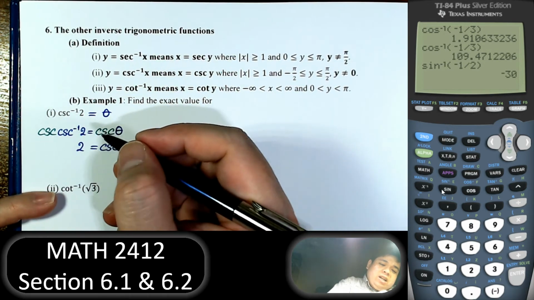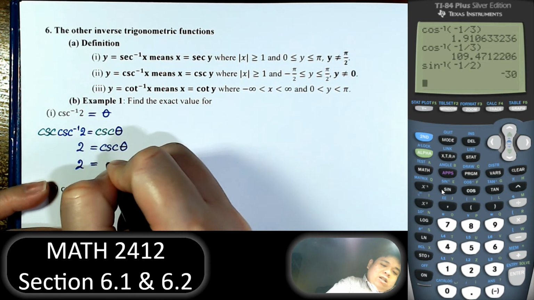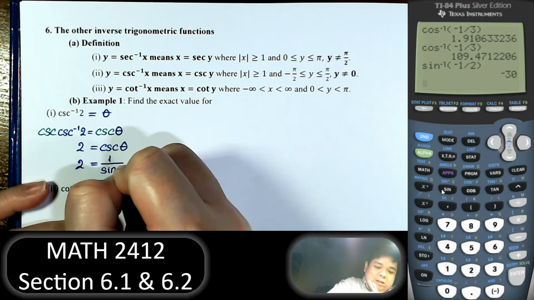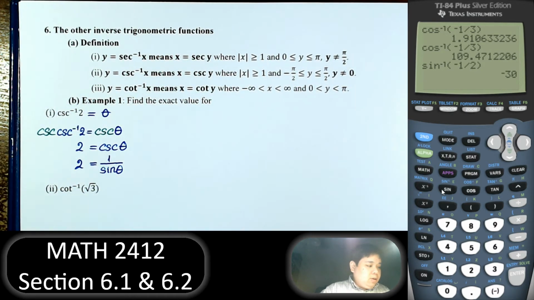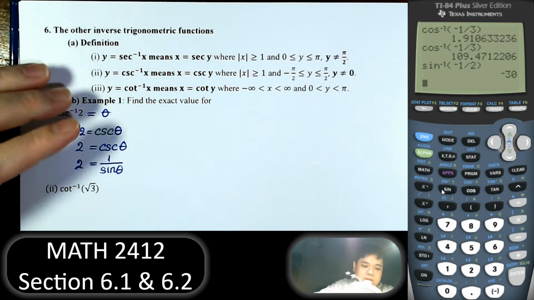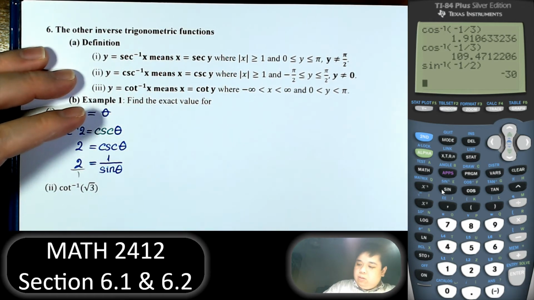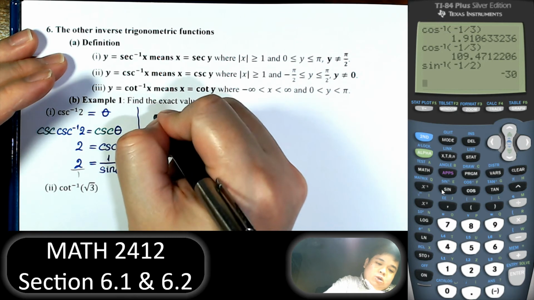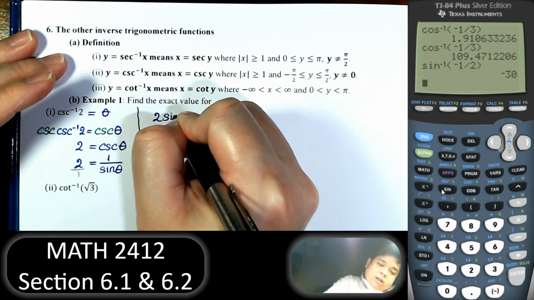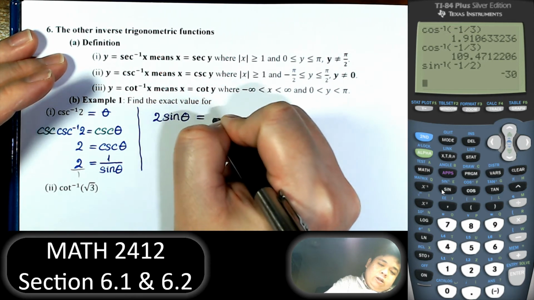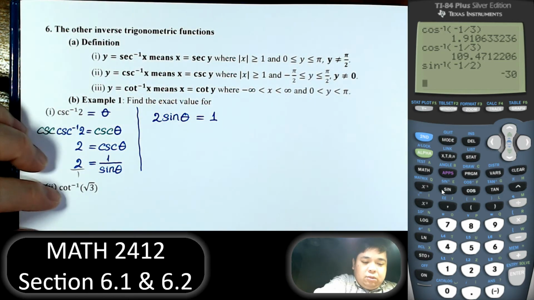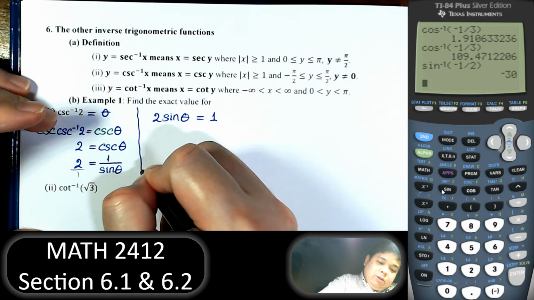Cosecant is 1 over sine, right? Now cross multiply: 2 sine theta equals 1. And then divide by 2.